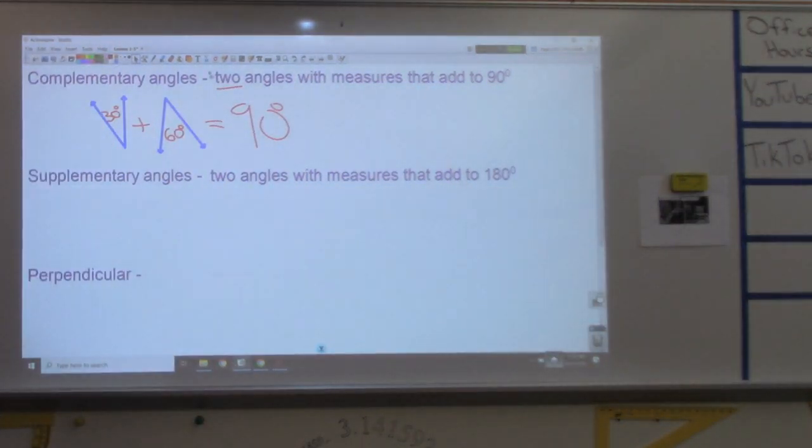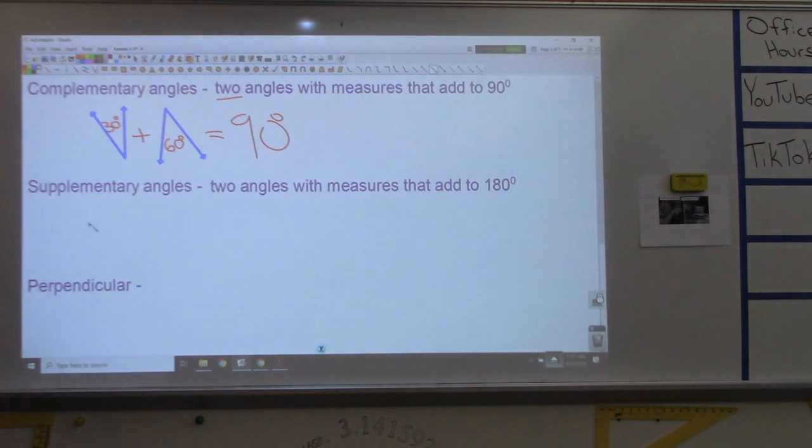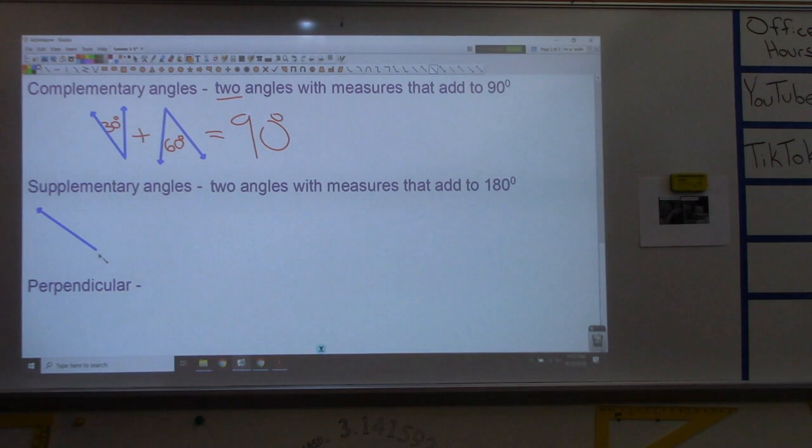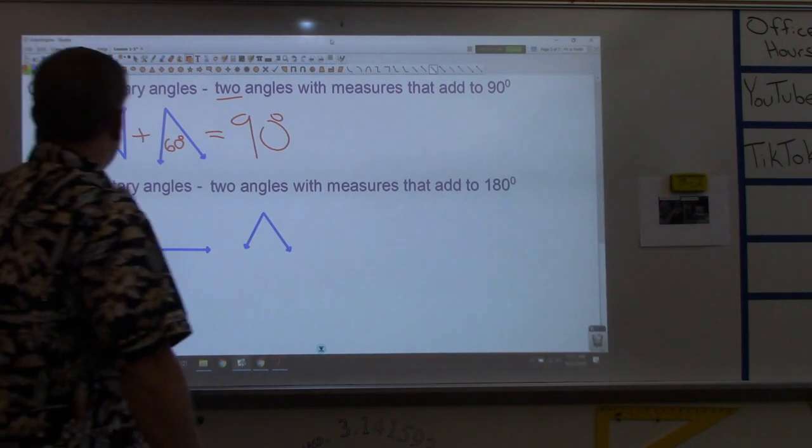So let's draw another quick example here. Again, my pictures are not drawn to scale. Not in the slightest.